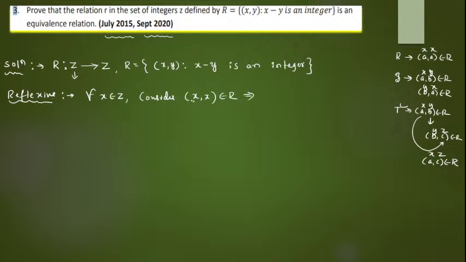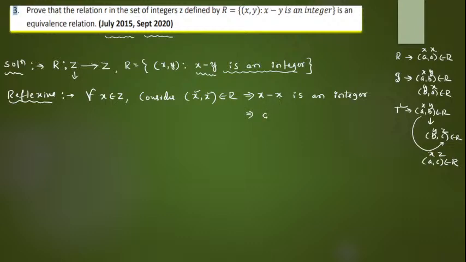This implies, according to the statement, x is also an integer, their difference will become, look at this, x minus x is an integer. Clear? Check whether it is true or not.